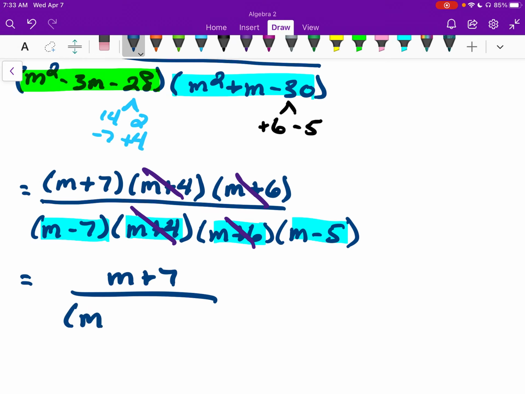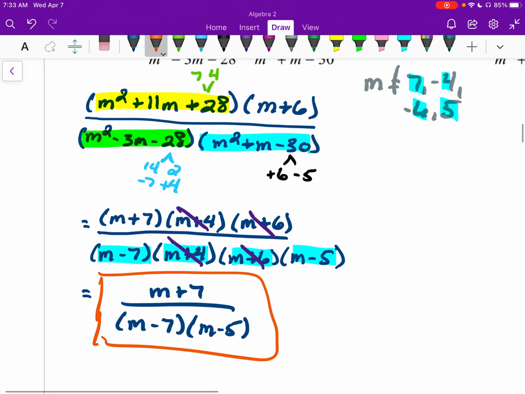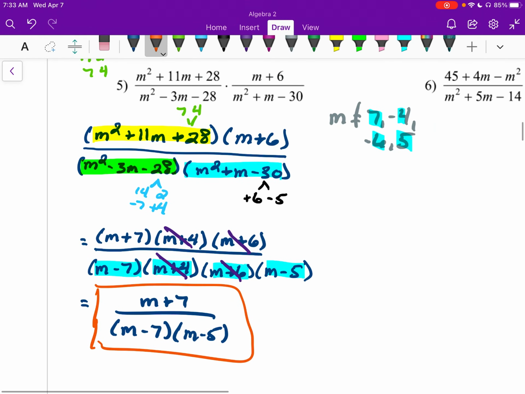And then we'll have m minus 7, m minus 5. And there we are. If you really wanted to, you could redistribute that bottom piece and turn it back into a trinomial, but that's just a lot of extra work, and I'm not going to do that. So here are our answers there.